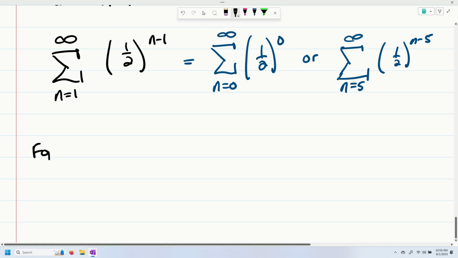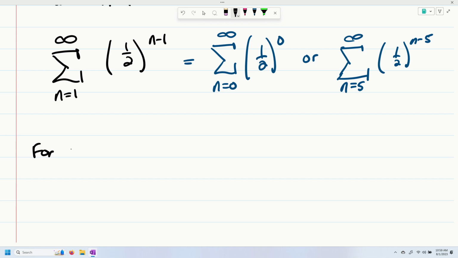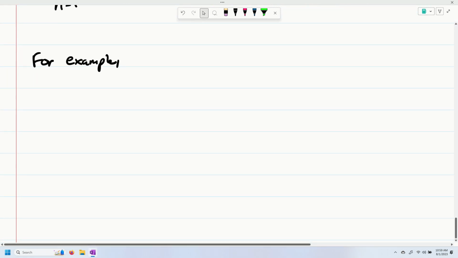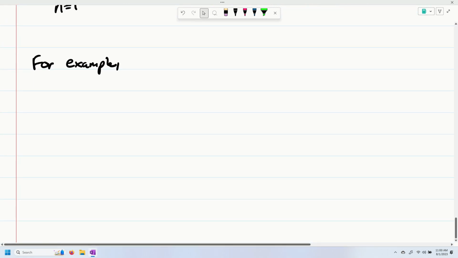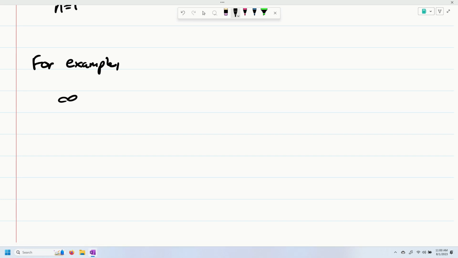So, for example, and you'll actually learn a lot about this in DiffyQ, and you should have seen stuff like this in pre-calc. I don't know. That's why I'm going over this. But consider this example here. We have the summation from n equals 2 to infinity of 1 over n squared.